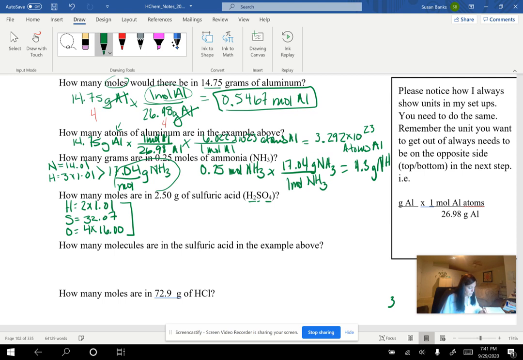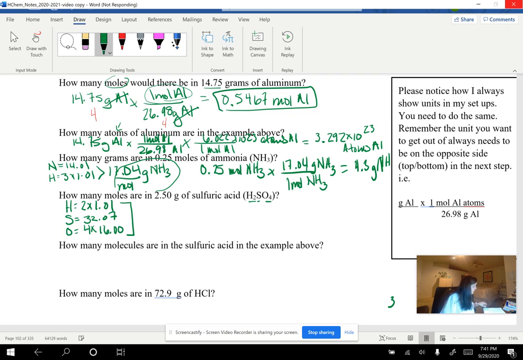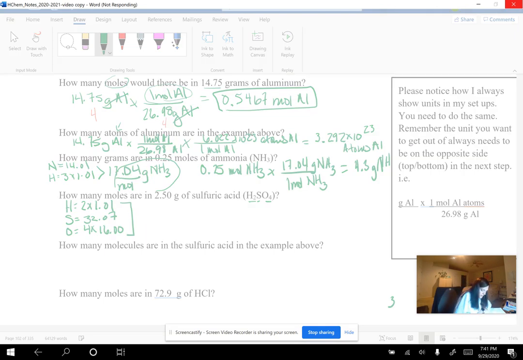So when you get the molar mass of sulfuric acid, I'll give you a minute. Why is this taking so long?